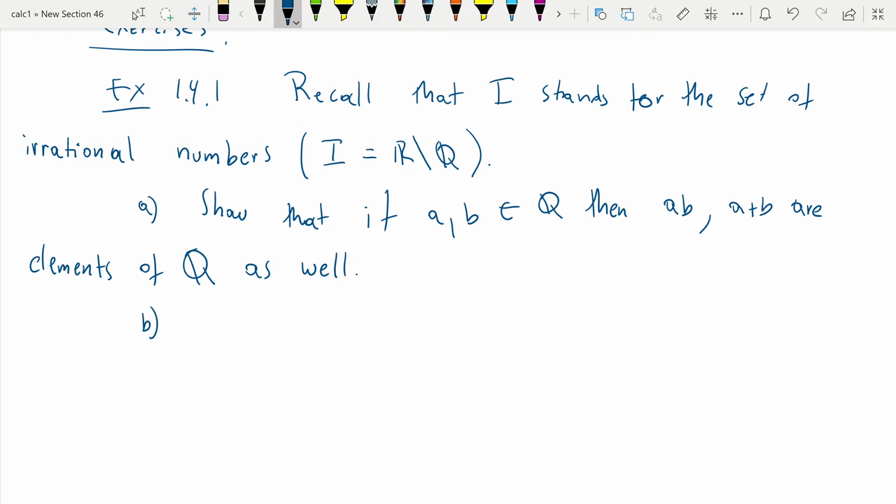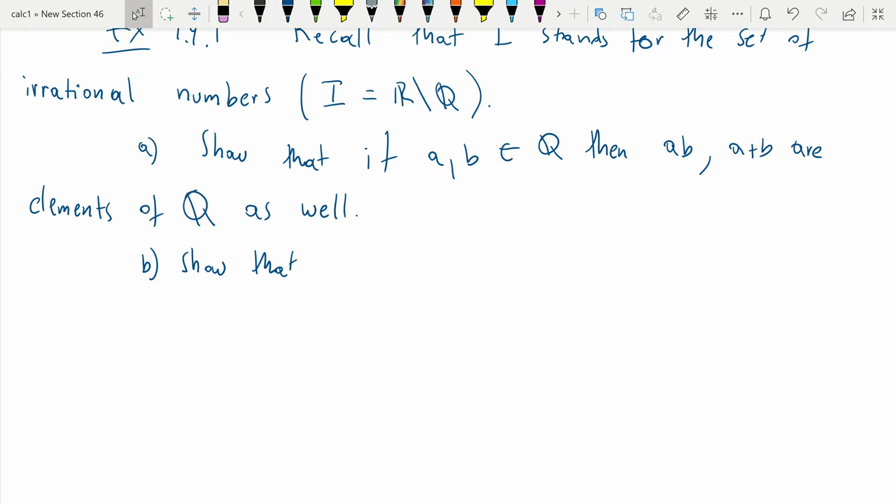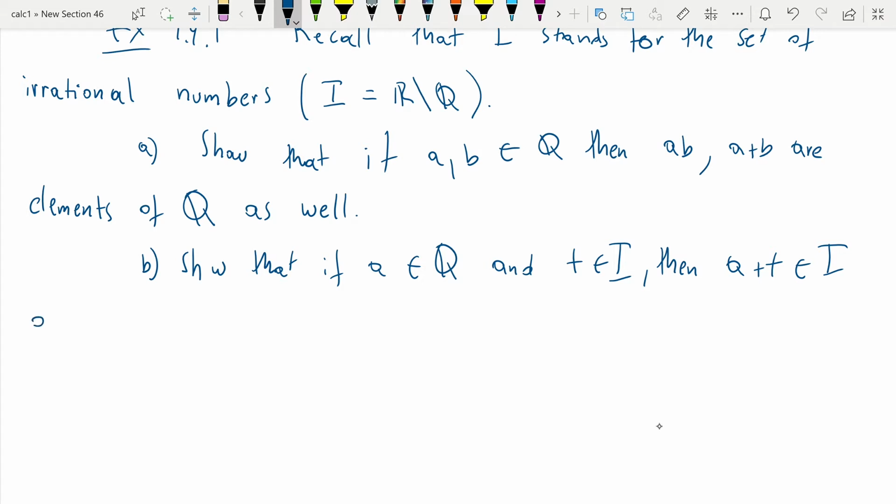Now another property: show that if A is a rational number and T is an irrational number, then A plus T is in I, and AT is in I, but of course this is only true as long as A is not equal to 0.